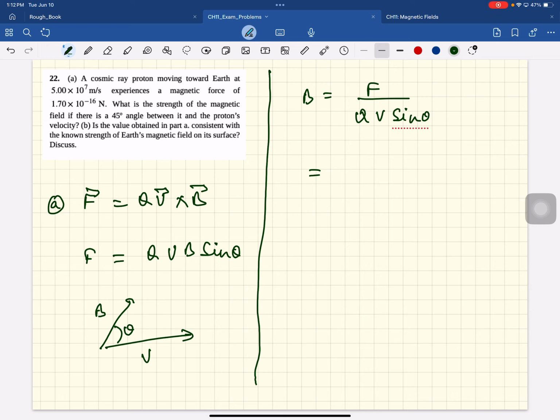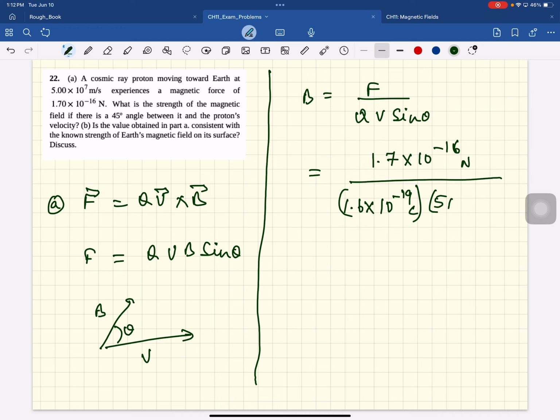They give you the force on this proton, 1.7 times 10 to the minus 16 newtons. Q, the charge of the proton, is the same as the charge of the electron, 1.6 times 10 to the minus 19 coulombs. Velocity is 5 times 10 to the 7 meters per second, and sine 45.